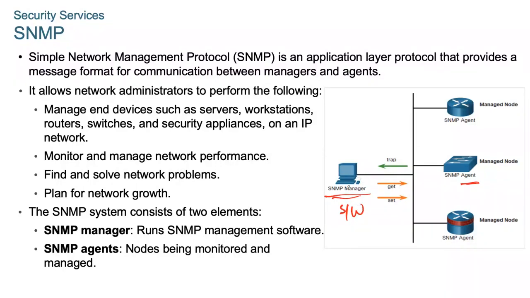And the SNMP agents are the nodes being monitored by this manager: an SNMP agent for your router, for your switch, for your other appliances. These nodes are used for different application purposes. The manager and the agents are part of your network.